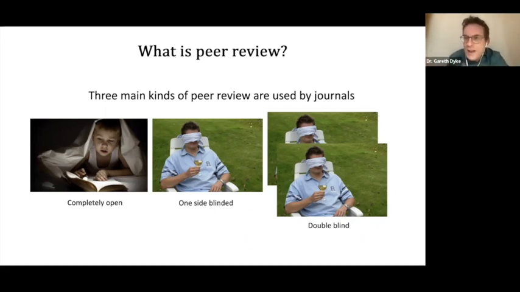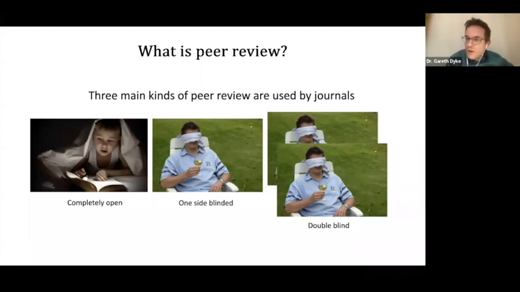The only person in the process who knows who everybody is is the good old journal editor. And increasingly, journals are offering authors that option as well. These are the three main kinds of peer review that different international journals use: completely open, one-side blind, or double blind.